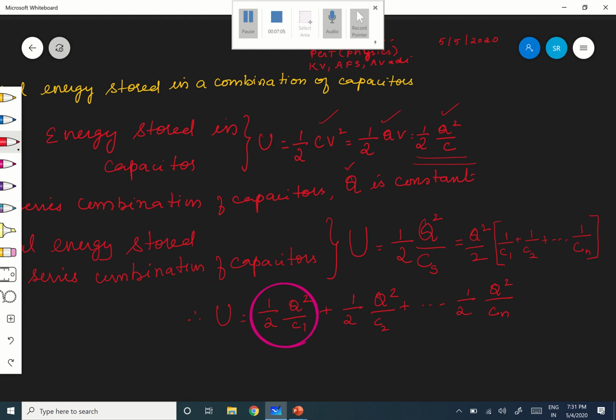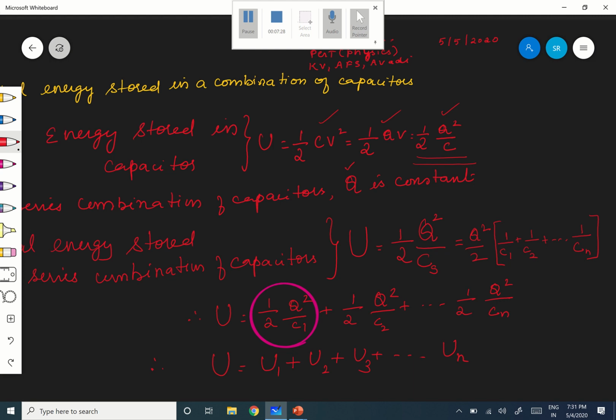Therefore, the total energy stored is nothing but U1. What is U1? U1 is the energy stored in the first capacitor plus U2 plus U3 plus etc. How many capacitors are there? N number. Therefore, UN. Are you following?